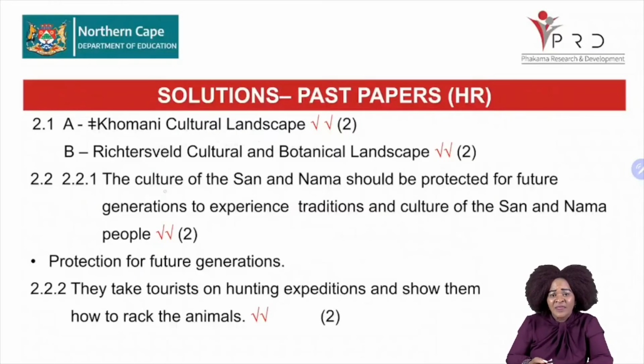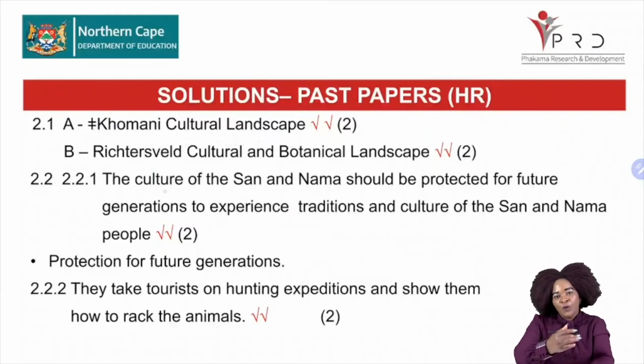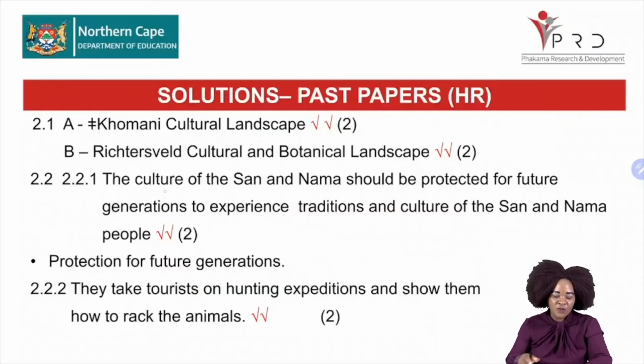I remember there was a question whereby learners were supposed to identify the 2 World Heritage Sites in the Western Cape. And remember, in the Western Cape, it is the Cape Floral Region Protected Areas and also Robben Island. But the way they were labeled on the map, it was difficult for the learners to know which one is Robben Island and which one is the Cape Floral Region Protected Areas.